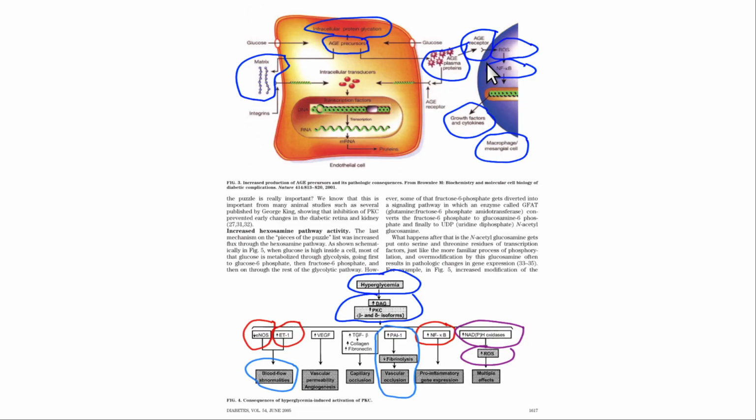Those can be taken up by other cells on what are called RAGE receptors, receptors for advanced glycation end products, and that leads to increased amounts of reactive oxygen species production, ROS, activation of nuclear factor kappa B, and then just more inflammation. Inflammation's always prothrombotic. It's bad. Okay.